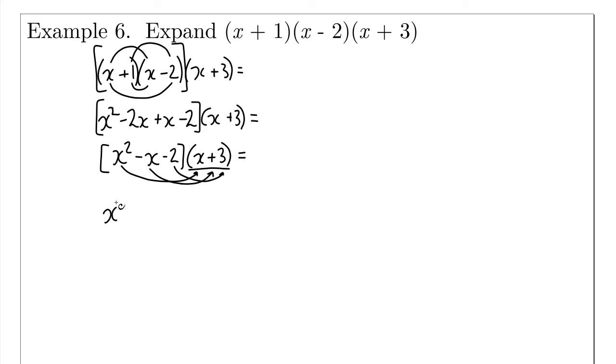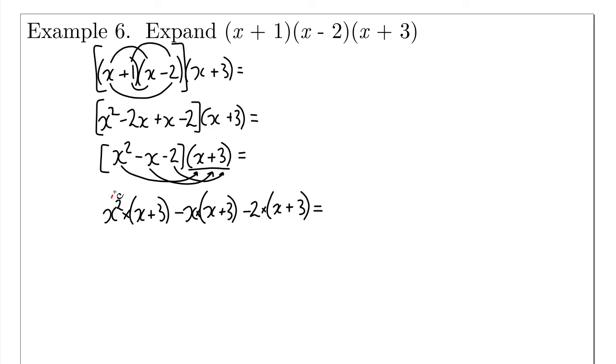So we end up with x squared multiplied by x plus 3, and minus x multiplied by x plus 3, and minus 2 multiplied by x plus 3. So now we expand them each individually. We expand this term, then we expand this, and finally we expand this out.